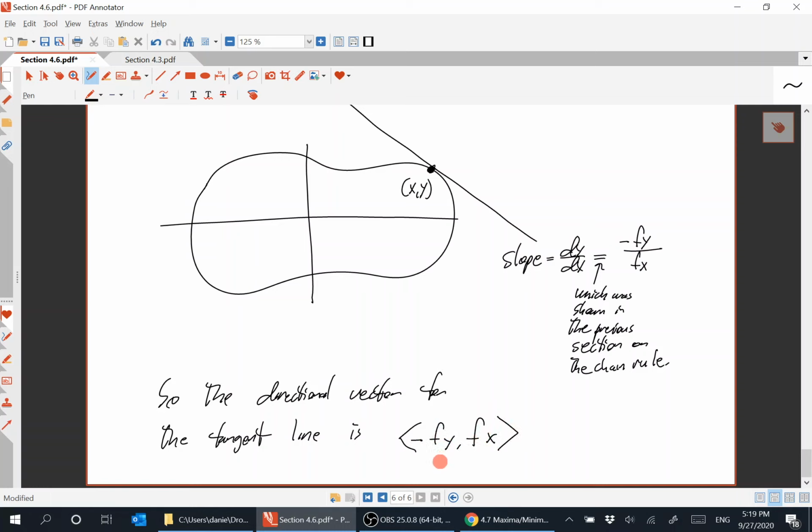So rise is the change in, no, the rise is the change in y. Now I've got this backwards. Rise is the change in y. So that's minus f_y over the change in x, f_x. Well, what is this vector? This vector is exactly perpendicular to the gradient.